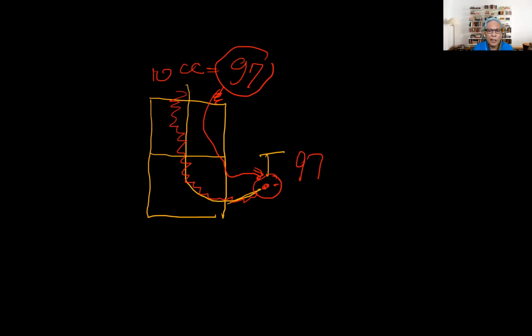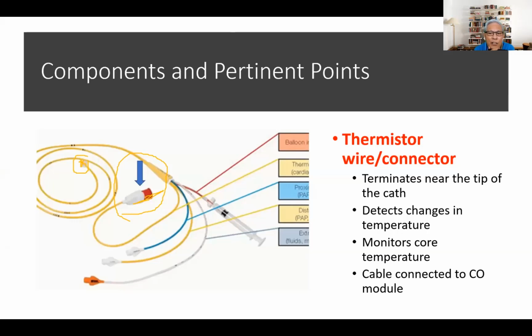So usually the catheter measures cardiac output by sensing the change in the temperature as the injectate flows over the thermistor. The thermistor actually can also be used to continuously monitor core body temperature. Core body temperature is most accurate.